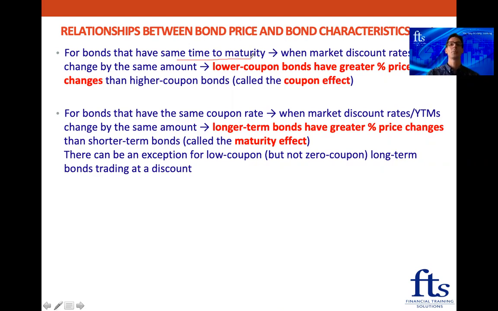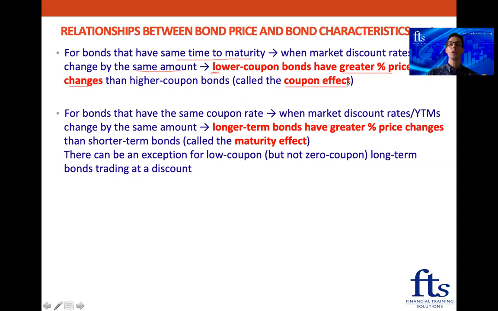So let's say we've got 2 bonds and they've both got 10 years to maturity. When the market discount rates or yields to maturity change by the same amount, the bond that has the lower coupon is going to have a greater percentage price change than the bond that has the higher coupon. They call this the coupon effect.